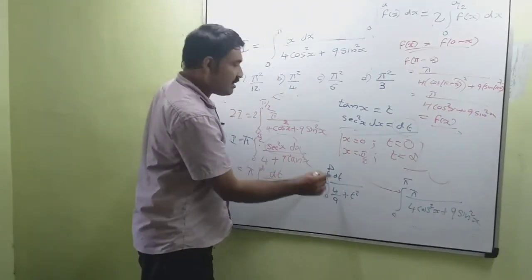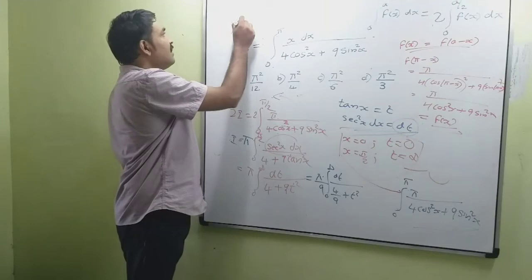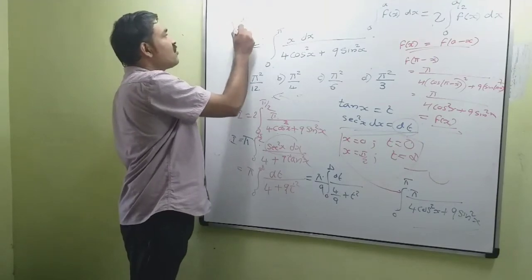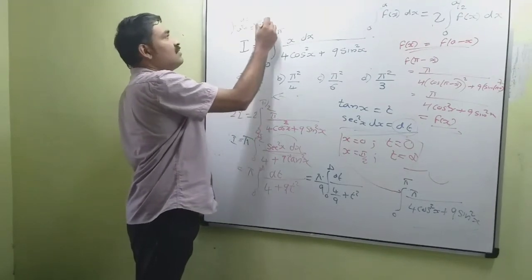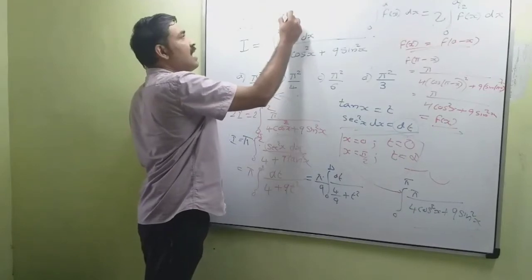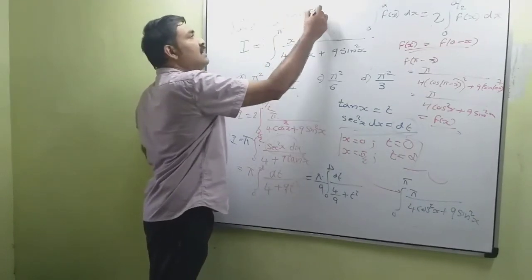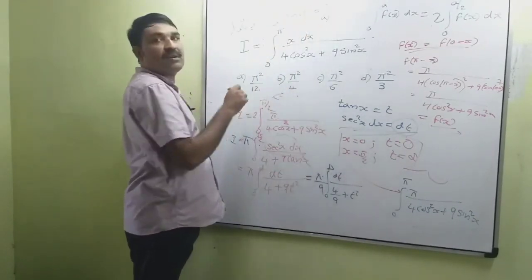This is the form integral dt by a square plus t square. This is equal to 1 by a tan inverse t by a. Okay.